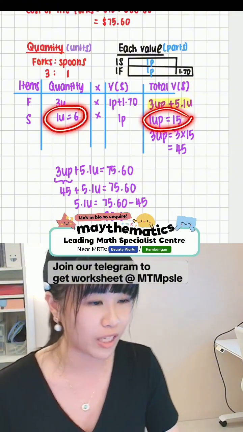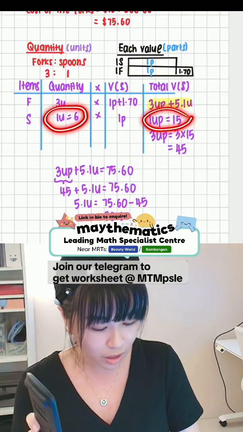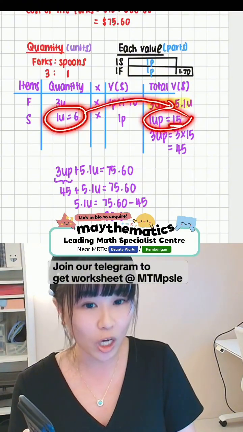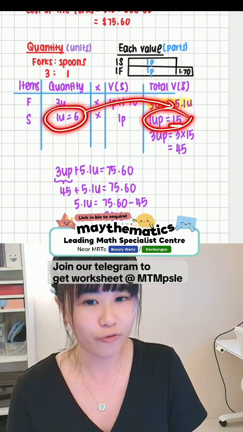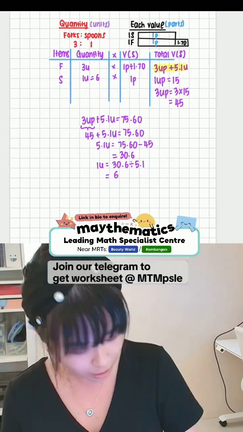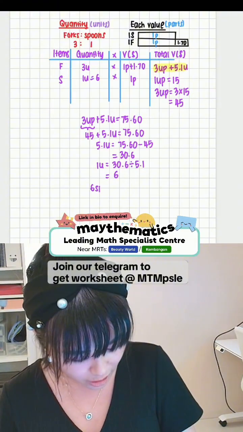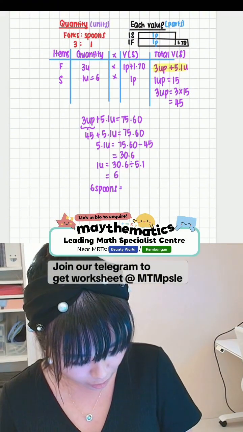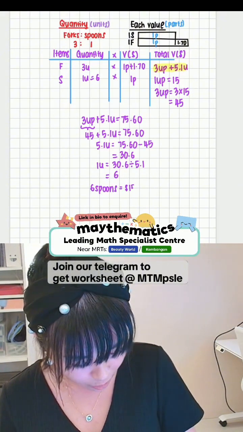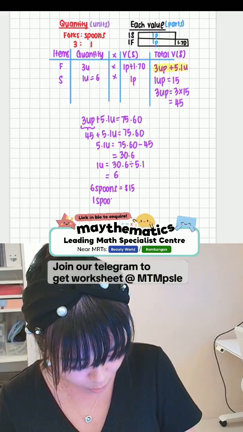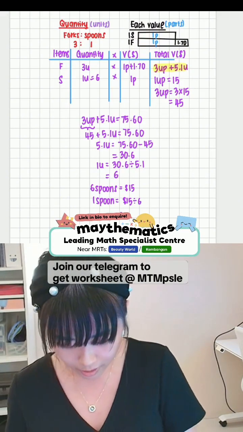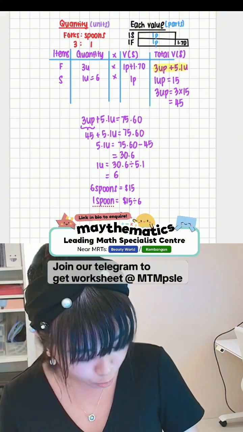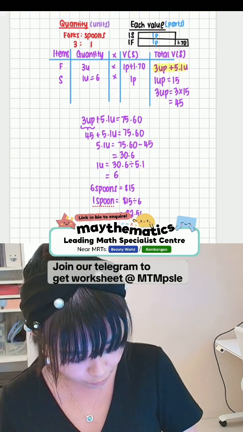Yes, Nana say 15 divided by 6. So this is the thing. If 6 spoons cost $15, then 1 spoon is you take $15 divided by 6. So that's how you know that actually 1 spoon is $2.50, answer.